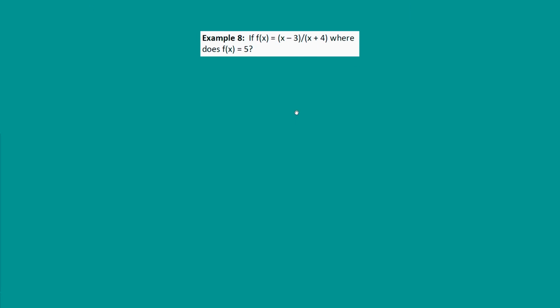Final example, where does f of x equal 5? Well, we just set it equal to 5. This is finding the y value for that. So we set 5 equal to x minus 3 divided by x plus 4. It might be better if I write it like so.